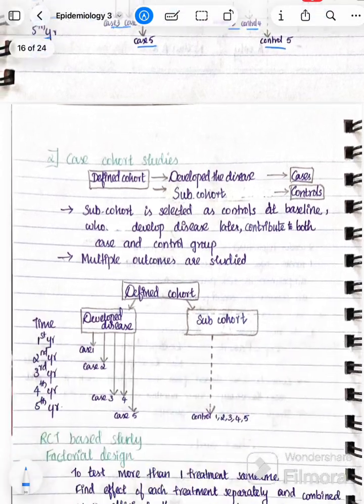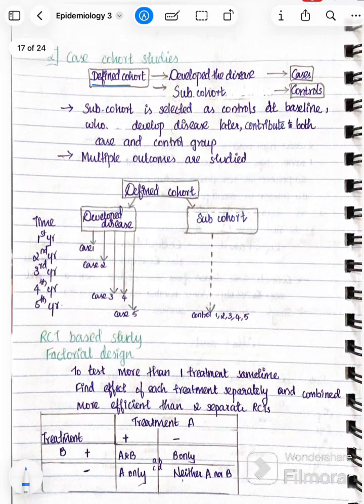Next one is case cohort study. From the defined cohort, those who develop the disease will be cases. From the defined cohort, some of the population will be set as controls at the beginning of the study. A sub-cohort is selected as a control at the baseline. They might develop the disease later and may contribute to both the case and the control groups. So here multiple outcomes are studied.